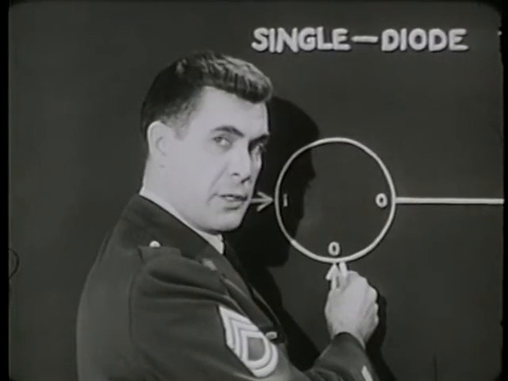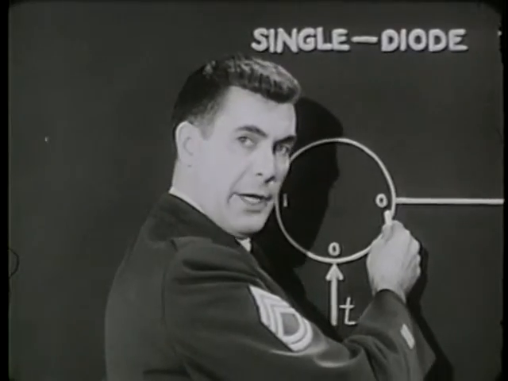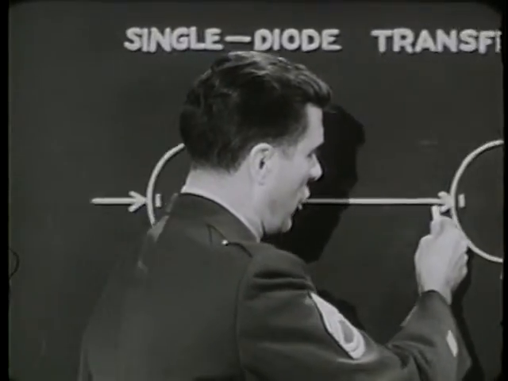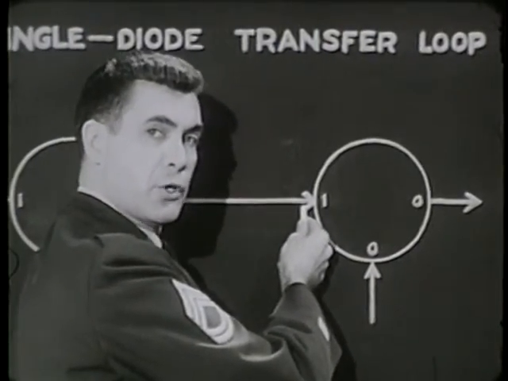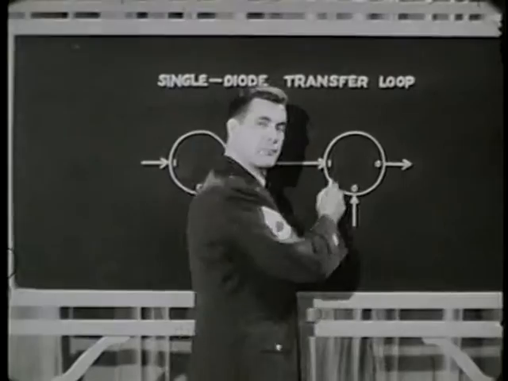This switch induces an output pulse in the first core's output winding, which causes the second core's input winding to set that core to 1.